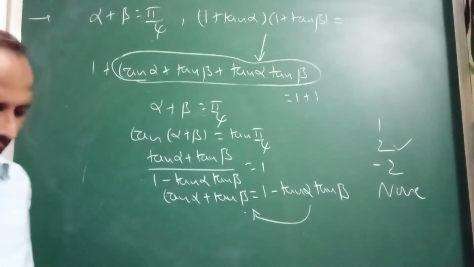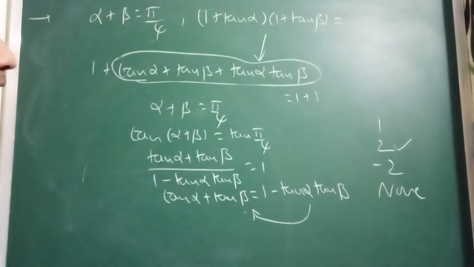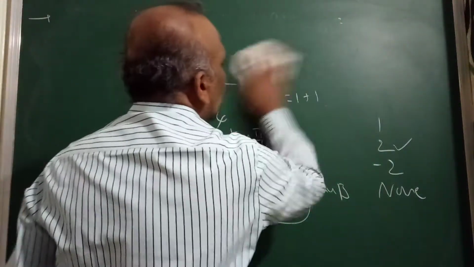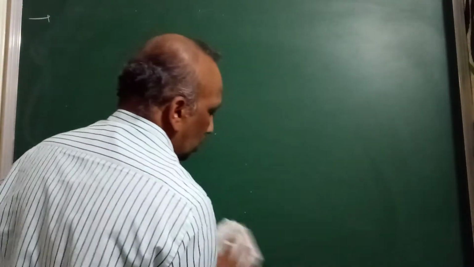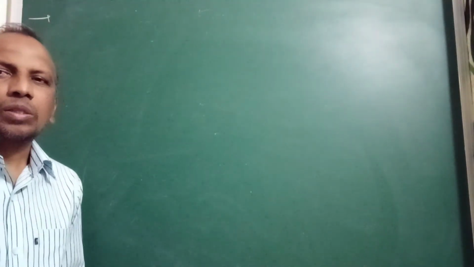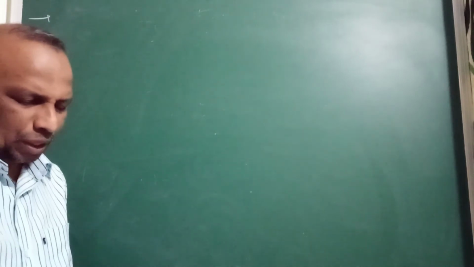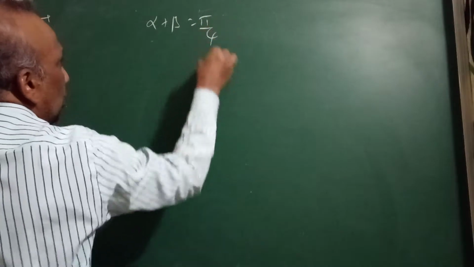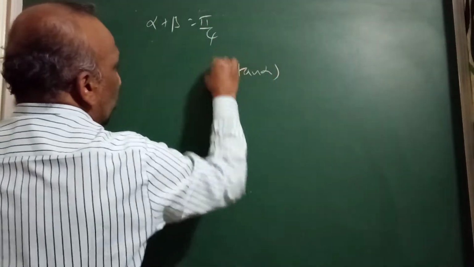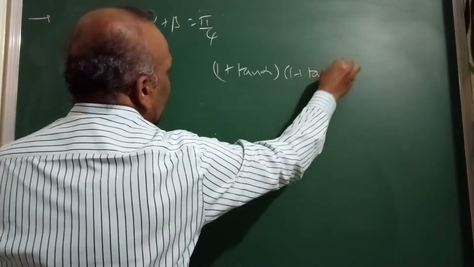Even in this problem, is there any other procedure for the previous problem? Yes. Given alpha plus beta is equal to pi by 4, 1 plus tan alpha and 1 plus tan beta, I can think of another way.